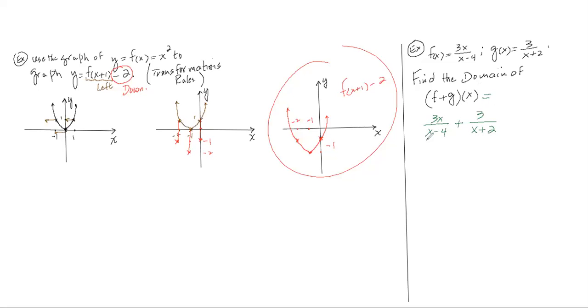Now, you can just leave it like this or add the two fractions. So let's go ahead and add it. An easy way to do this is you multiply the two fractions. Pay attention to this. And then you cross multiply. So you do 3x times x plus 2 plus, because you're adding, 3 times x minus 4.